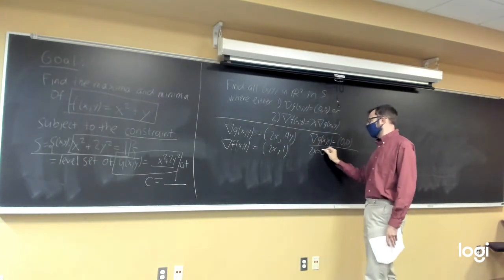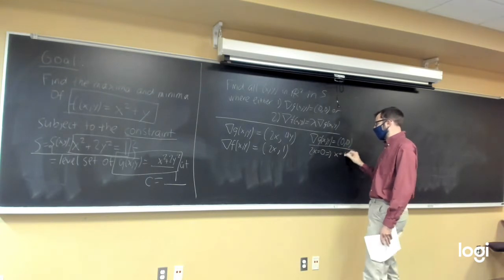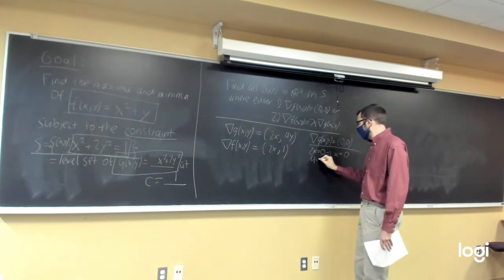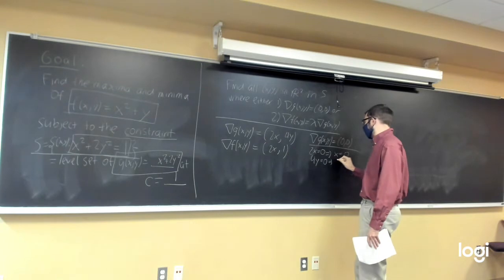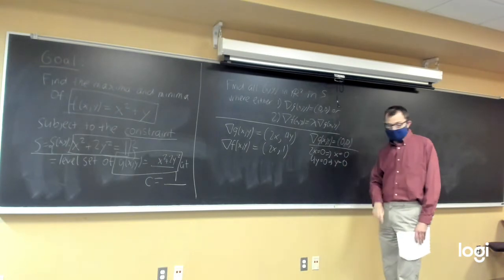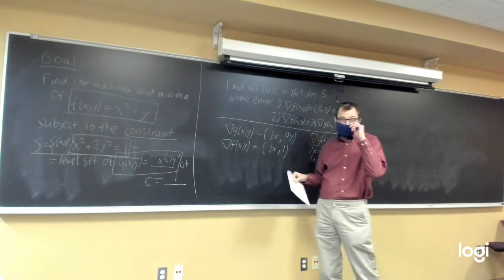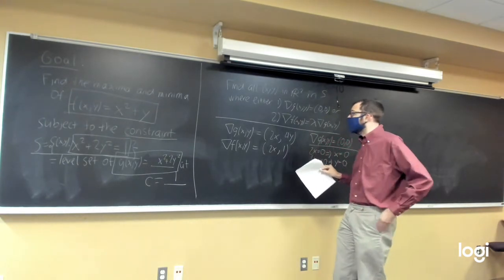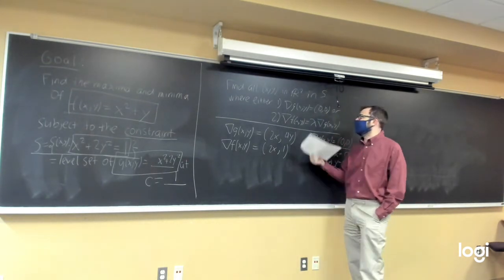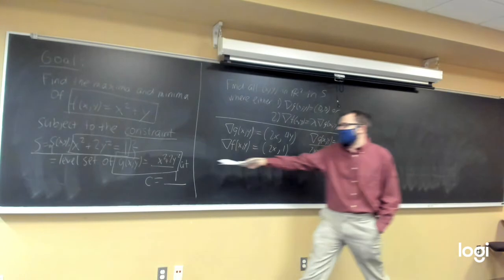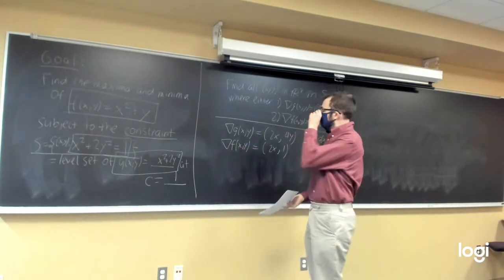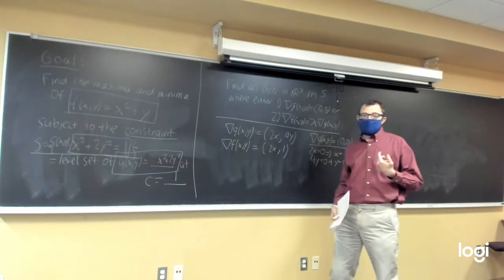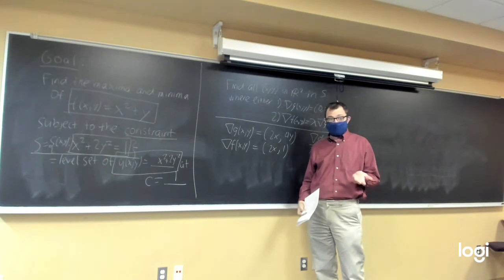So 2x equals 0 is going to tell us that x is 0. 4y equals 0 is going to tell us that y is equal to 0. So 0, 0 is going to be a point. It's going to be the only point in our set S, in this set here, where the gradient of g is going to be the 0 vector. Is everyone okay with that?